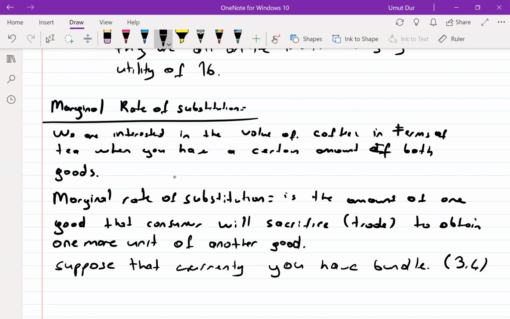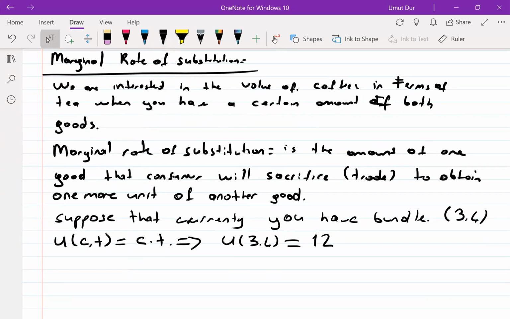So you are currently consuming 3 cups of coffee and 4 cups of tea, and your utility function is C times T. Which means that with this current bundle, your utility is 12. So this definition is telling us the amount of one good that consumers will sacrifice to obtain one more unit of another good.